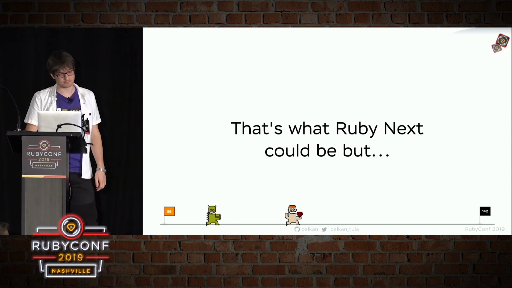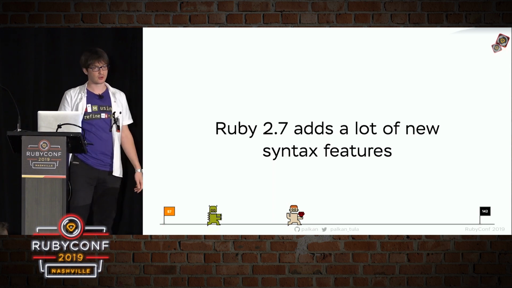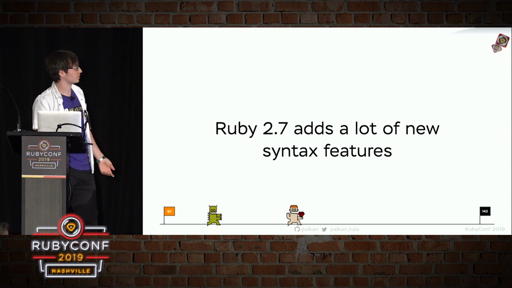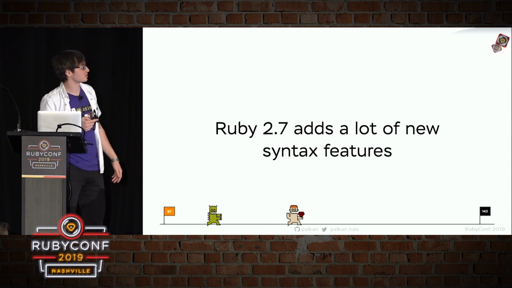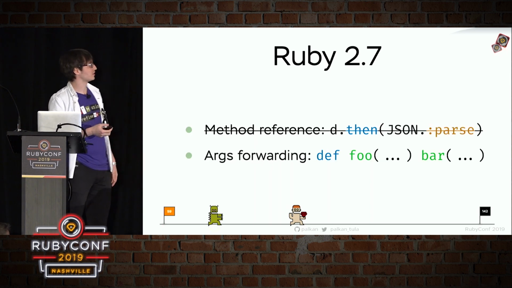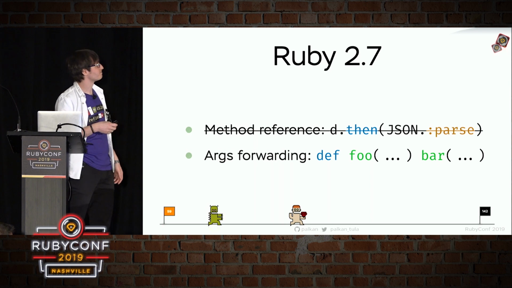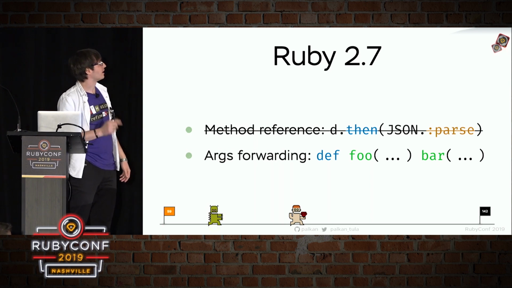Okay, but Ruby 2.7 is actually a kind of revolutionary release because it brings three syntax-related features like pattern matching, numbered params. Method reference died, canceled, sorry. But I'm still using it, and I'm going to use it in my examples because I like it. And args forwarding.